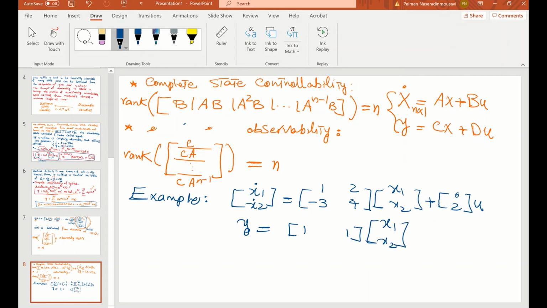It means that in the output we want to see both, for example, the angle of the pendulum and the velocity of the pendulum. Understand?